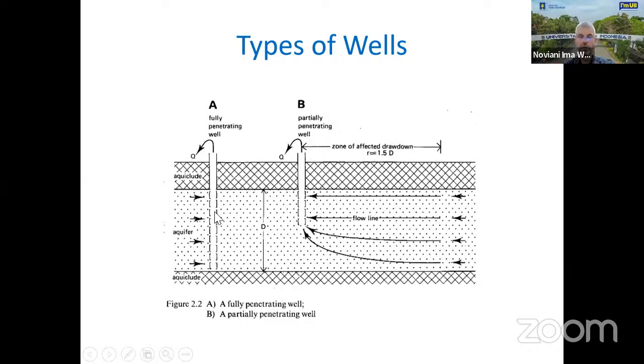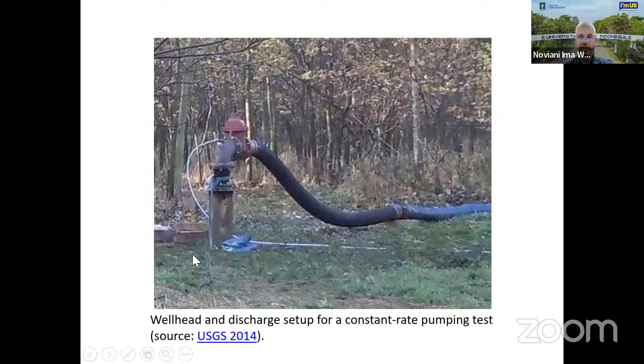All right. So ideally, we want a fully penetrating well, but sometimes we only get a partially penetrating well. We can still run a pump test, no big deal. We just need to know what we're talking about. And again, from this previous picture, you wouldn't be able to tell if this is a partially or fully penetrating well. You need to do your homework and figure out first what you're dealing with.